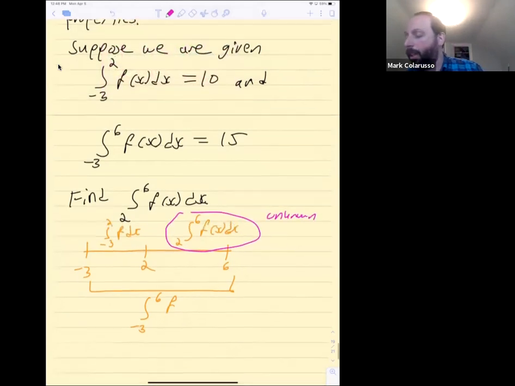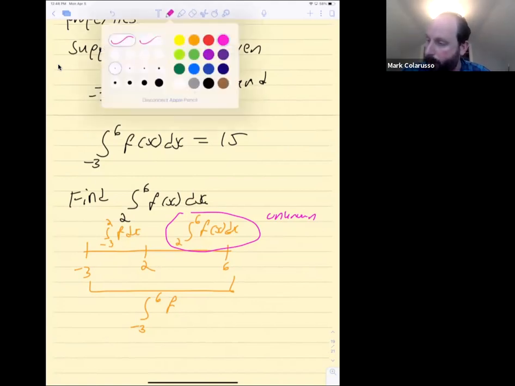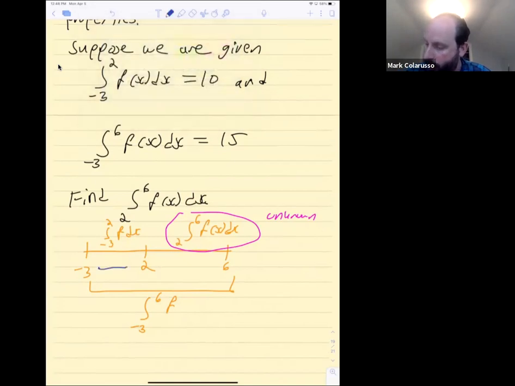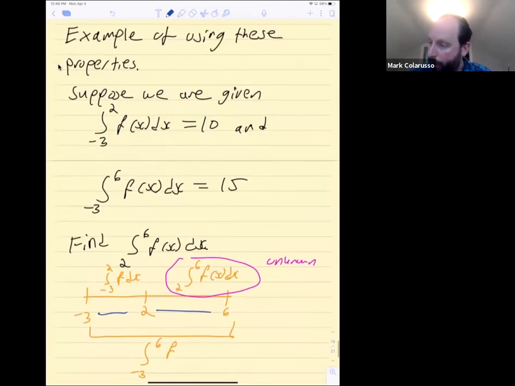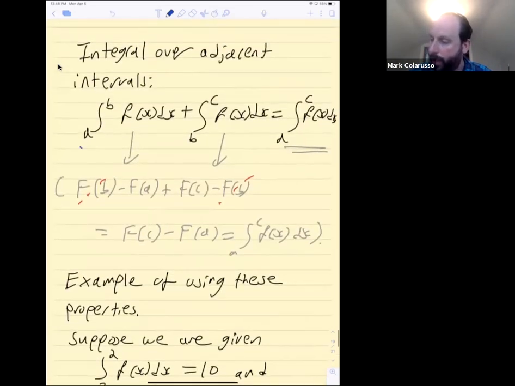So you can kind of see now how drawing this out, you can see the two intervals that are patched together here, in a different color. You have the two adjacent intervals, -3 to 2, and 2 to 6. From the adjacent interval property, if we take the integrals over adjacent intervals and add them, that's the same thing as looking at the integral where you've stuck the two adjacent intervals together.